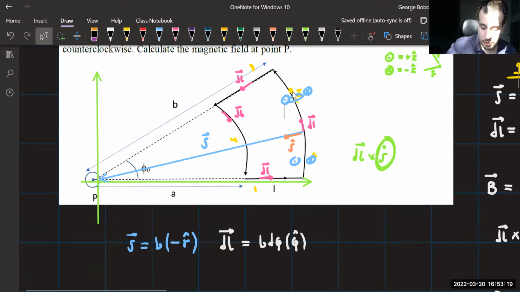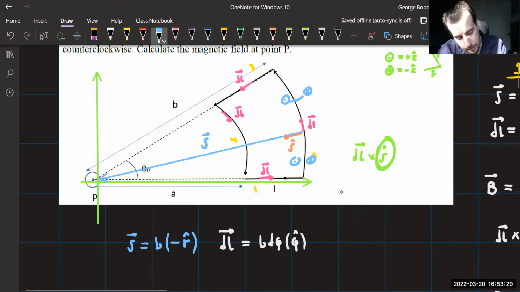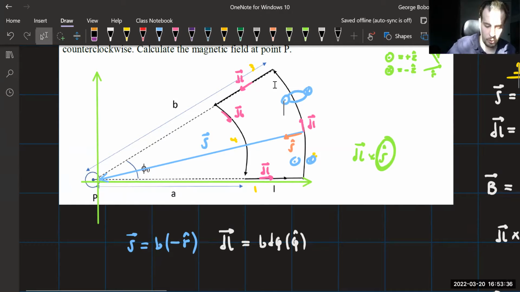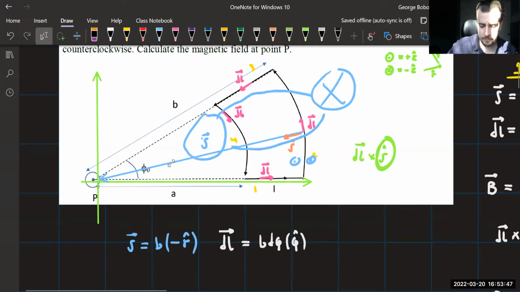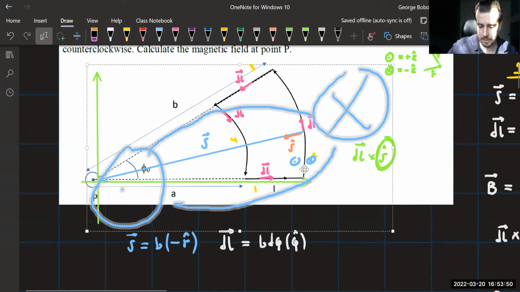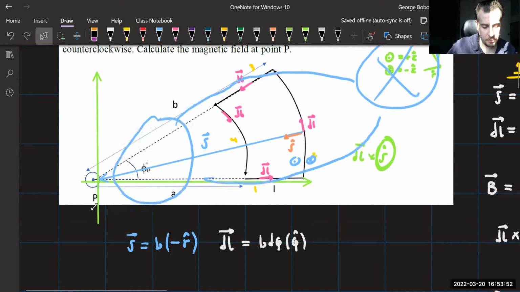So here's my question. Hold on, we're going to make this very visual. If I grow this ring, because eventually that's what's going to hit point P, which direction do you think is going to hit point P?